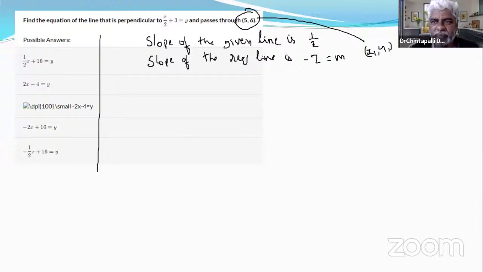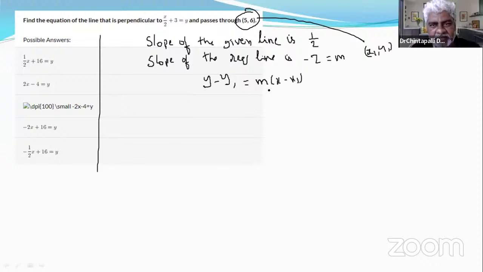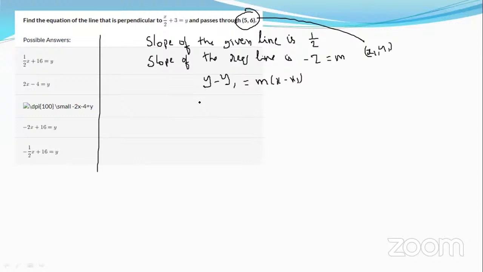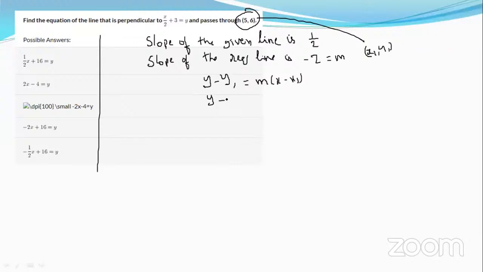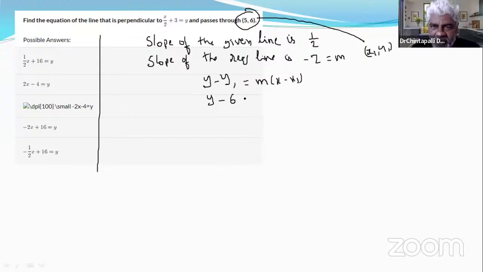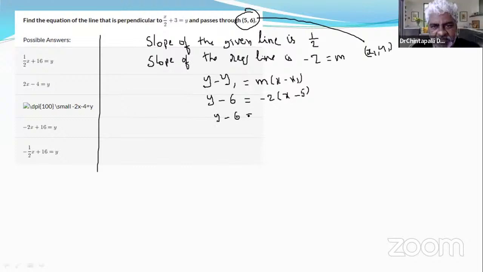Generally, the most used formula in straight lines is the point slope form. What's the point slope form? y minus y1 is equal to m times x minus x1. Plug in the values x1, y1 and m. y minus 6 is equal to negative 2 times x minus 5. So y minus 6 is equal to negative 2x plus 10.